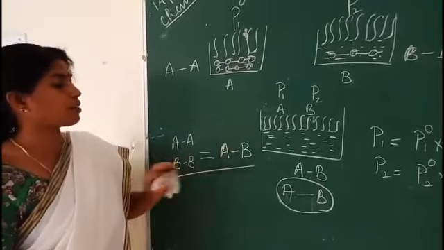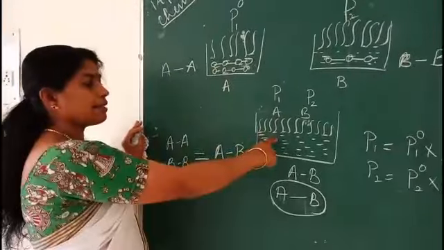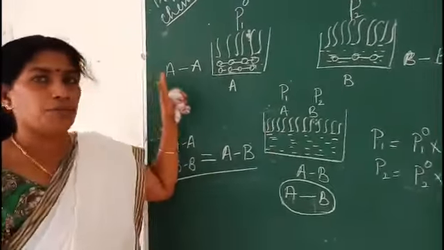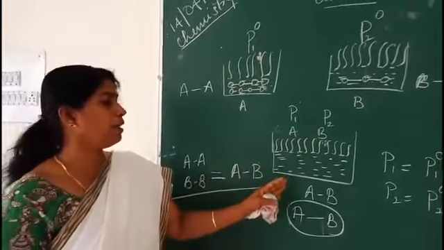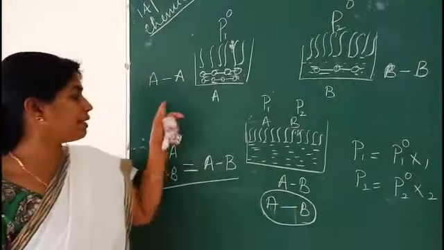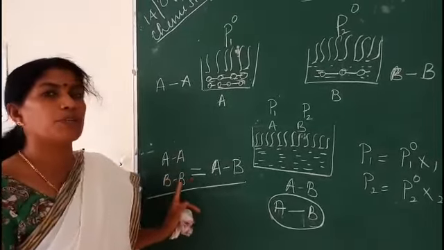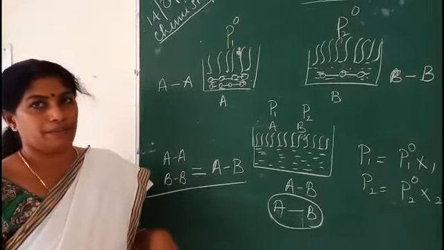It will show deviation from ideal behavior. So what is the reason for ideal behavior? The new force of attraction AB formed is equal to the force of attraction between AA and the force of attraction between BB.